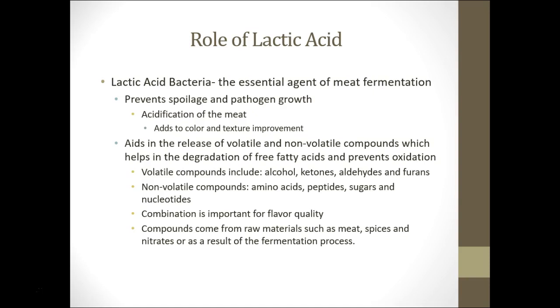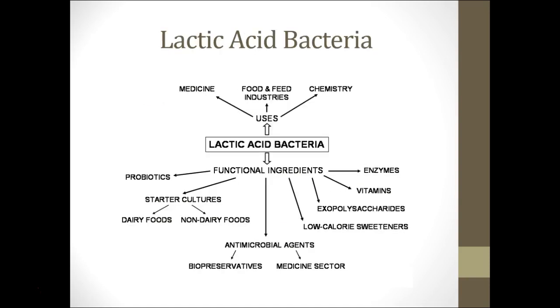Some of these compounds come naturally just from the raw materials that we use. Some of them are naturally found in the meat. Some of them are found in the spices that we use, or just as a result of the whole fermentation process. So lactic acid bacteria is pretty important for a lot of different things.